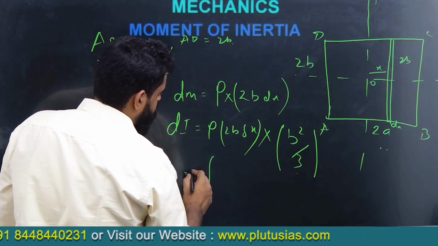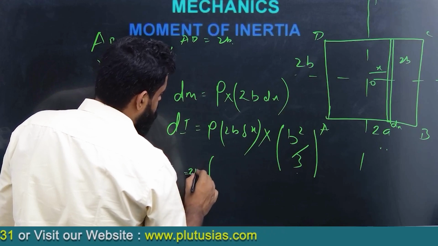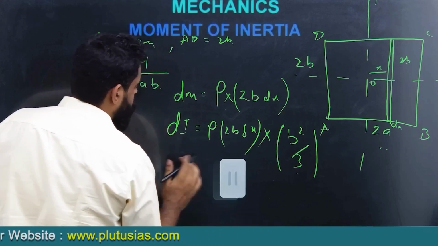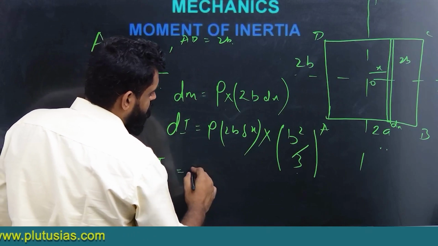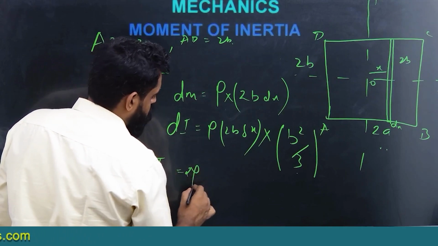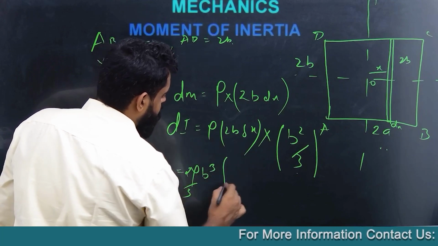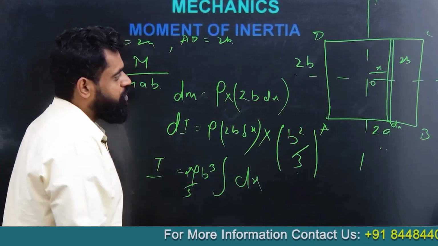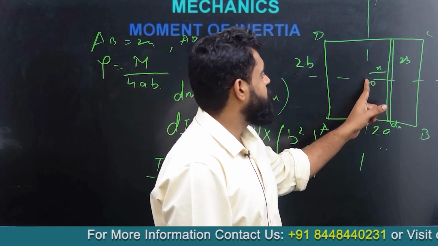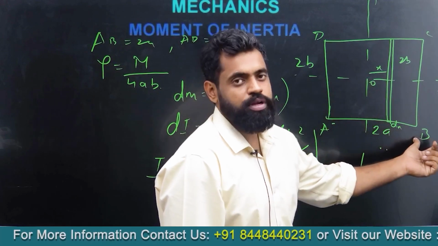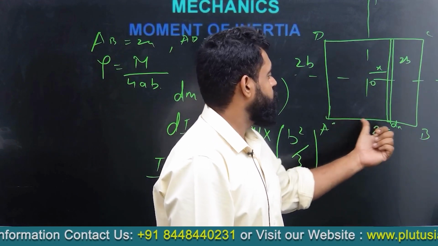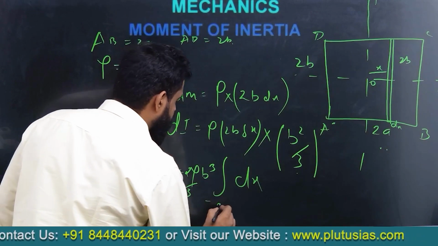this would be 2B cube. I take the constant term outside, it will be rho 2 by 3 into b cube, and integration of dx, where the limit of x, since this is the origin, is minus a to plus a.